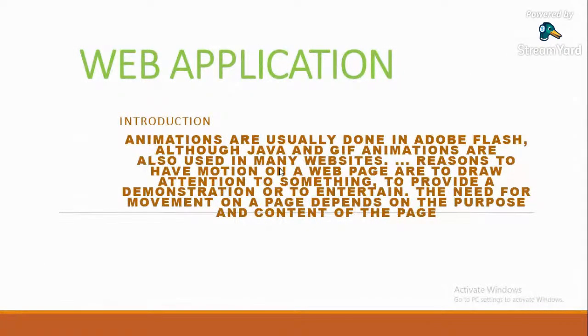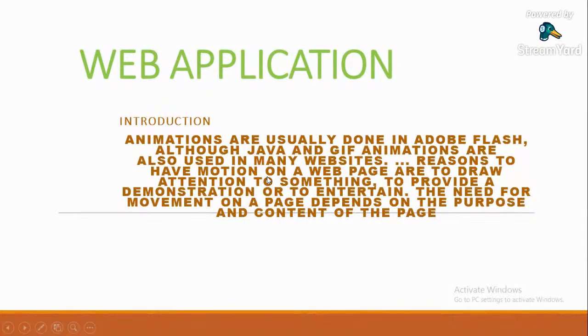It does not lie on a single concept or single topic. It depends on a lot of things. Just like here you can see various software companies' names. Animation is usually done in Adobe Flash, that is one famous one, and Java and GIF animations are also used in many websites.